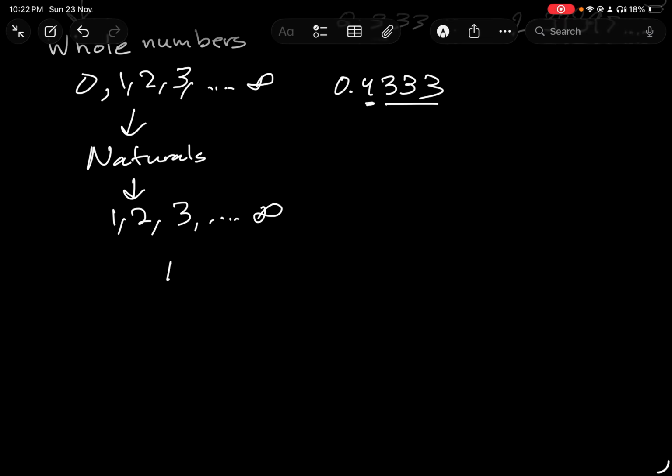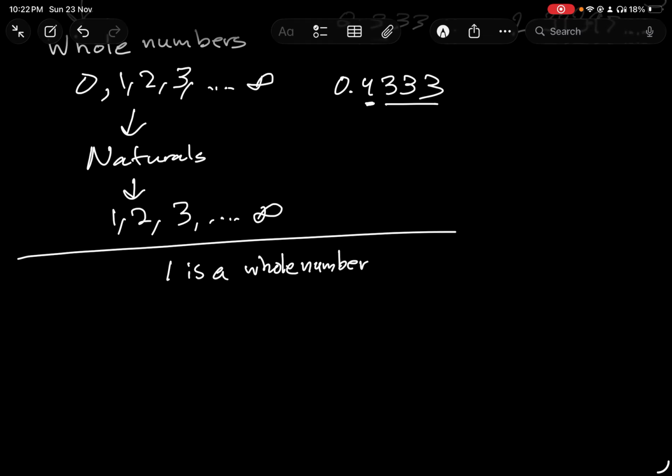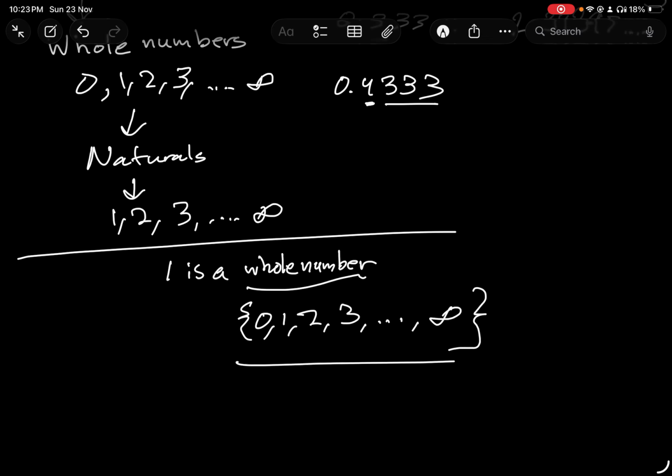For example, you can say that 1 is a whole number, right? So the whole number is actually a set which includes 0, 1, 2, 3 all the way to infinity. This is called a set, and we always represent a set with curly brackets, which is a collection of some objects which are part of that set, which are called elements.